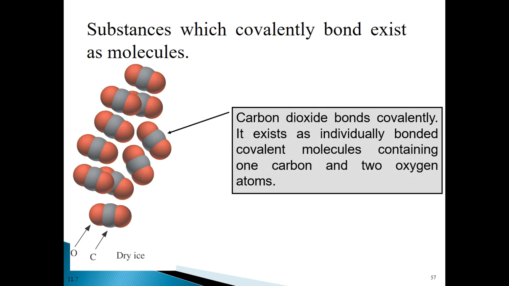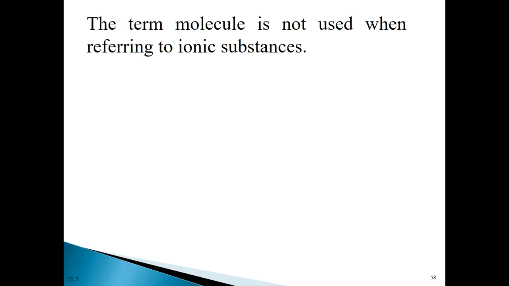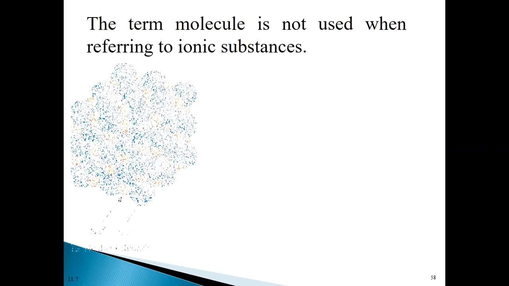That's a big difference between covalent compounds and ionic compounds, as I said before. You have no discrete units in the case of ionic compounds, but you do have that in the case of covalent compounds. So we don't use the term molecules when referring to ionic substances.